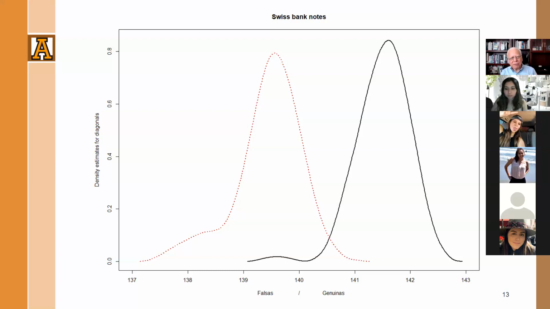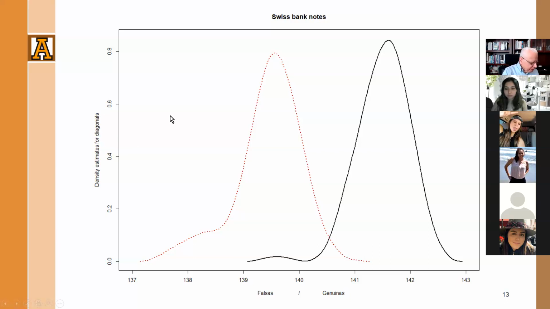For the legal and the false notes, you have measurements about the length, the height, the distance from one border to the next, and so on. So here we take one of those measurements and look at the non-parametric density estimate of it. Here is the diagonal measurement.